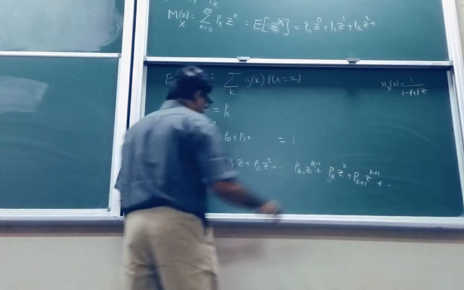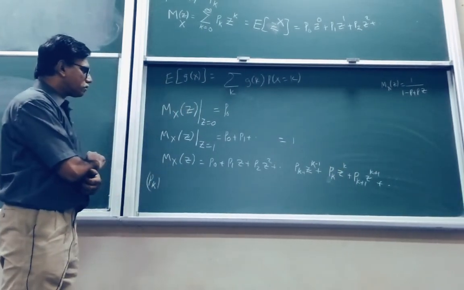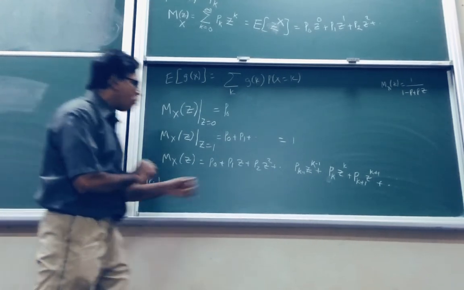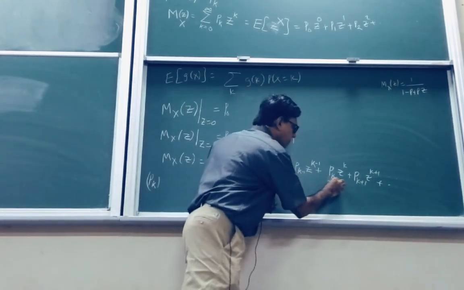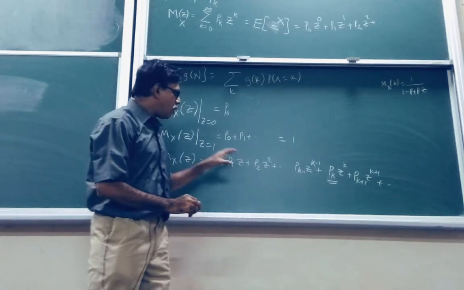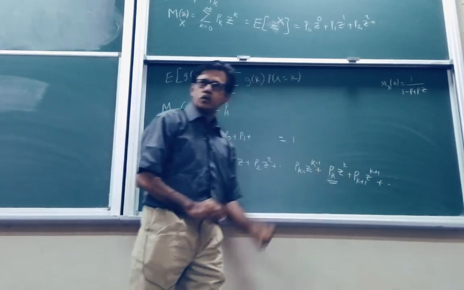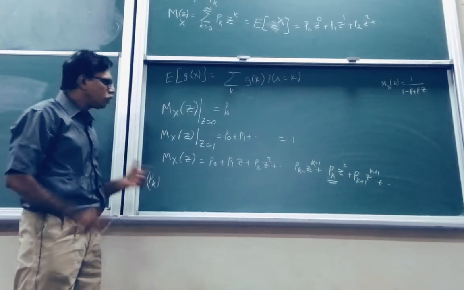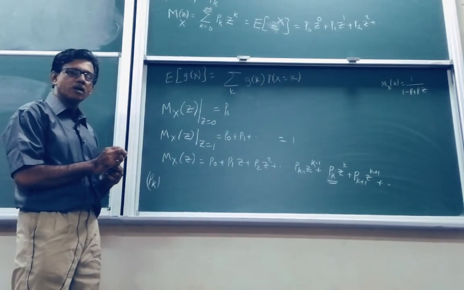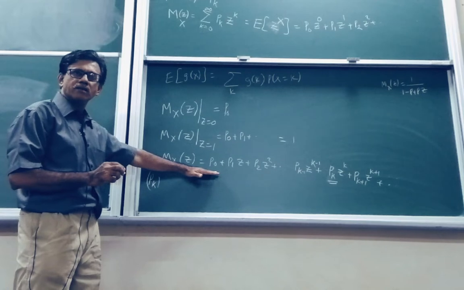Okay. Now, how do we get it? I want this. Somehow I have to remove all these things which are not related and then take this. To do that, what we can do is differentiate this k times.